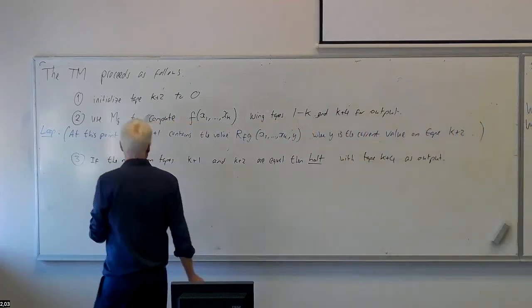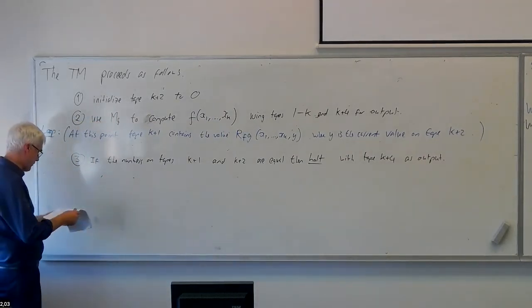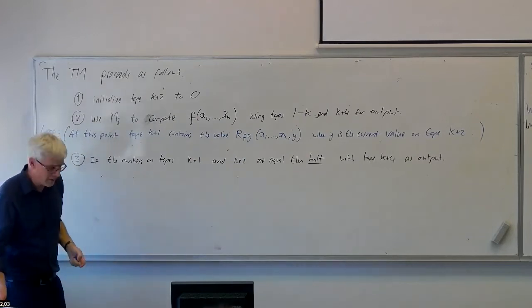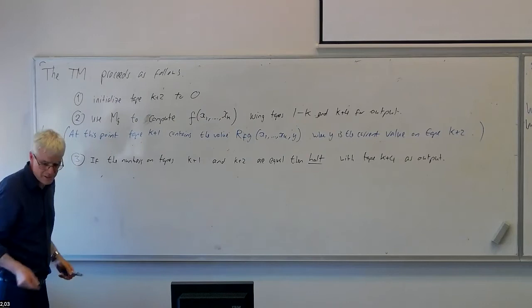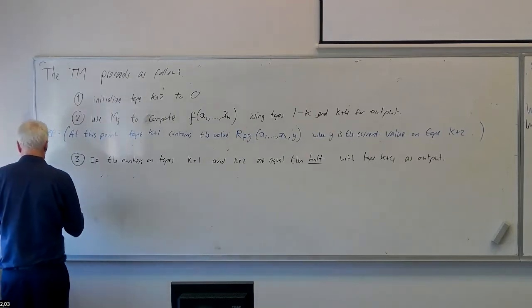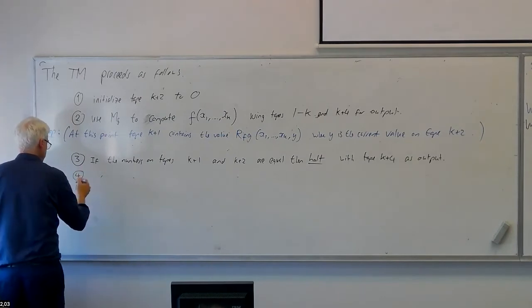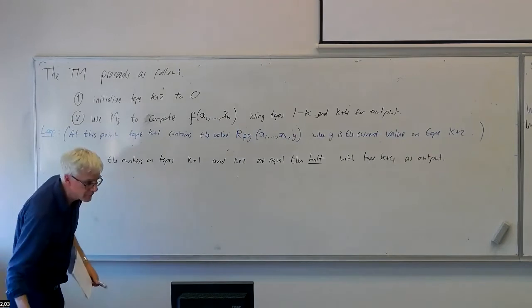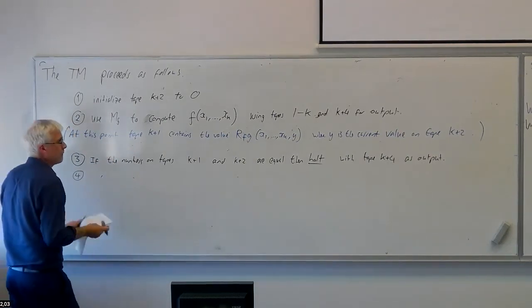So all we need to do is, if the numbers didn't agree at step 3, then we need to go and perform the next step of the iteration. So how do we do that? Well, step 4.